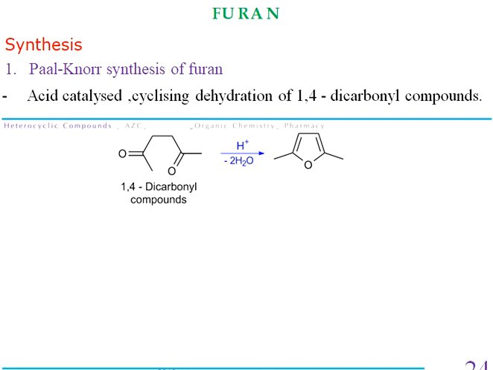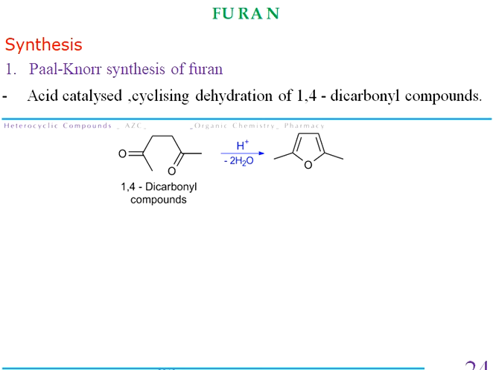The first synthesis name reaction for furan is the Paal-Knorr synthesis. Paal-Knorr synthesis we have already studied in pyrrole also. In the Paal-Knorr synthesis, a 1,4-dicarbonyl compound reacts.